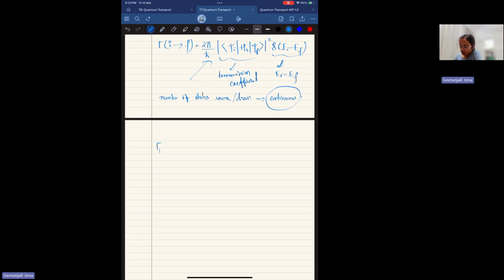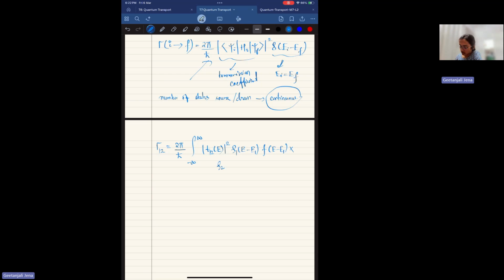So we can write gamma from source to drain, gamma 1,2, is 2 pi by h cut, integral from minus infinity to infinity of T12 square, multiplied by the number of occupied states on the source side, which is given by the product of the density of states and the Fermi-Dirac distribution, multiplied by the number of available states on the drain side.